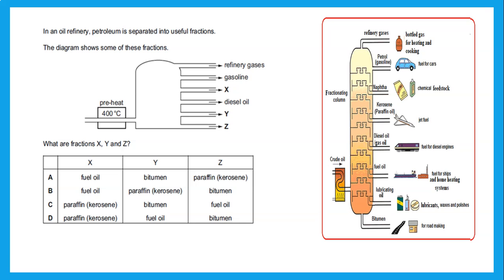X is something between gasoline and diesel oil, so it could either be naphtha or kerosene, which is paraffin. So my choice from the answers is C or D. Then we have diesel oil and then Y and then Z. So Y is something below diesel oil and Z is at the bottom. So that means we're looking at fuel oil and B to me.